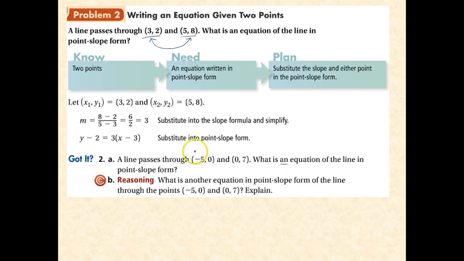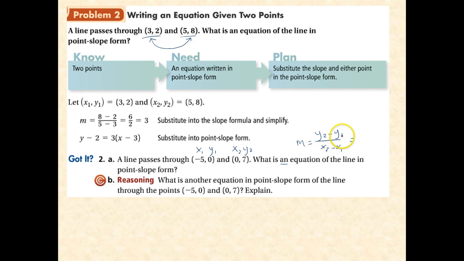So I got points. I can call this x1, y1 and x2, y2. And I can find the slope. M equals y2 minus y1 over x2 minus x1.